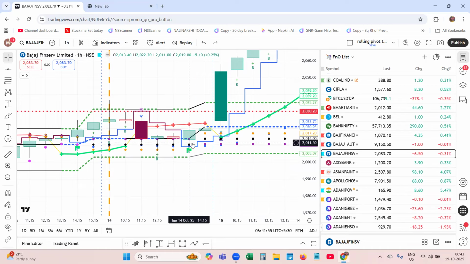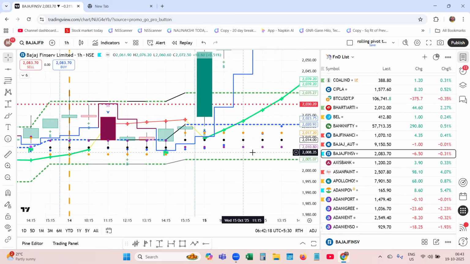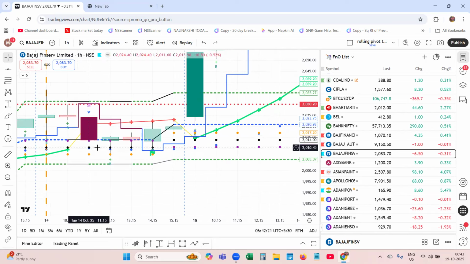The price is above the pivot, the price is above the CPR Gann Hilo, and the dynamic CPR is also getting aligned. Here, the major thing is the rolling pivot CPR was green. Green means blue, that is positive, and the price was above the dynamic CPR.